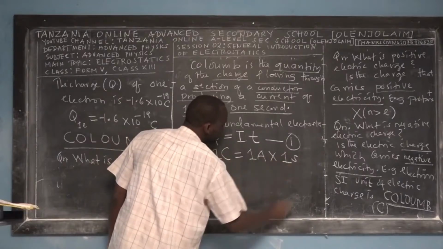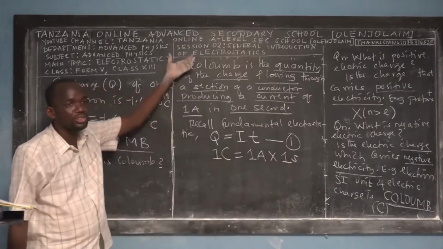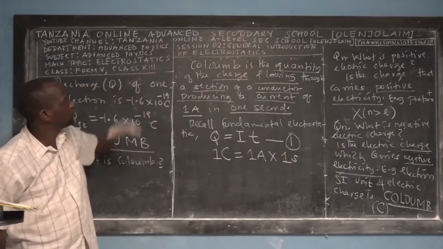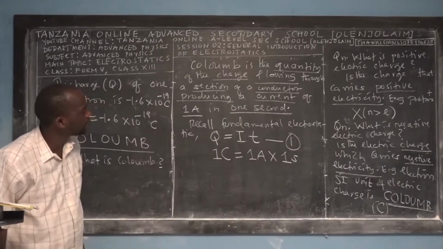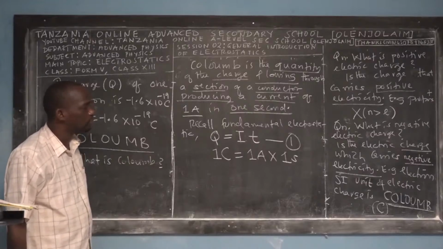1 second. That's what has been mentioned in this formula. So you say that a coulomb is the quantity of charge flowing through a section of the conductor producing a current of 1 ampere.